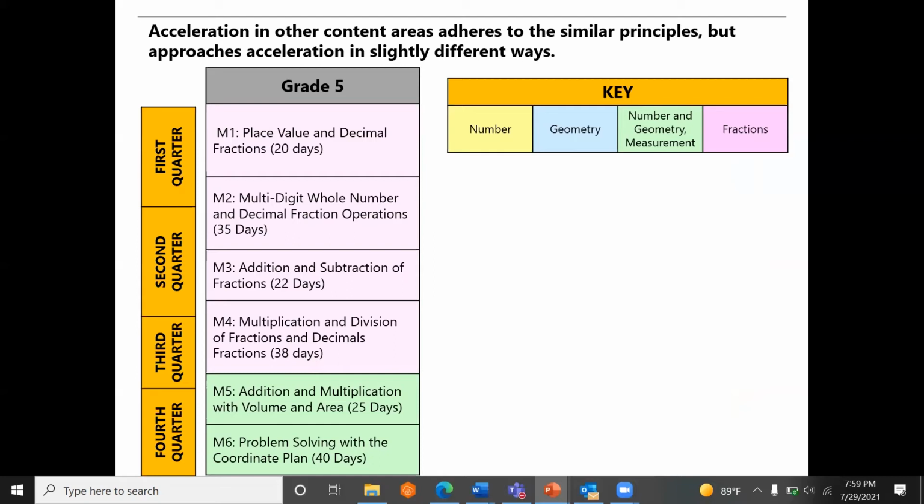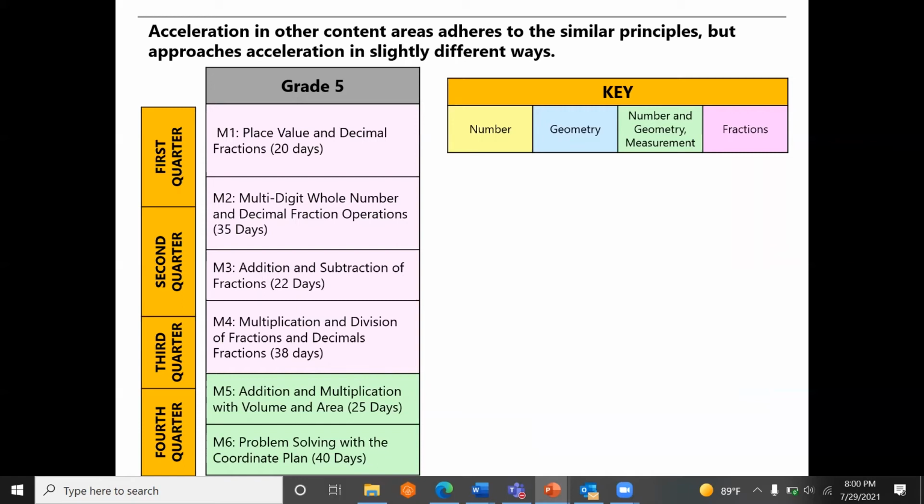We know that grade 5 is the bridge builder for deepening the conceptual understanding of fractions as well as operations and algebraic thinking that's also built into 4th grade. 5th grade is also essential in building the conceptual understanding of the number system for grade 6.